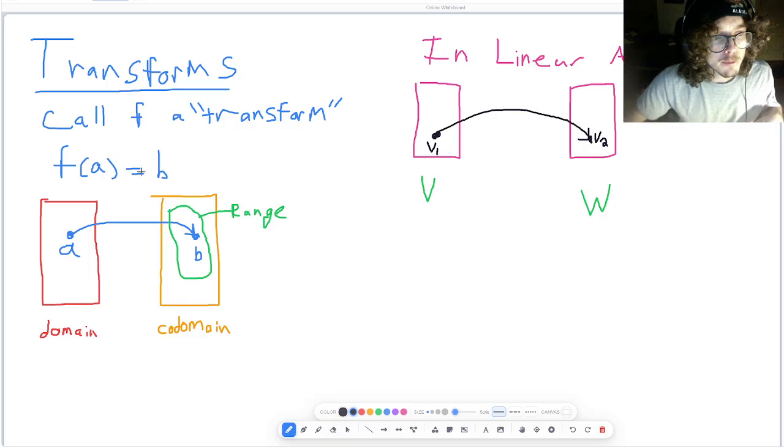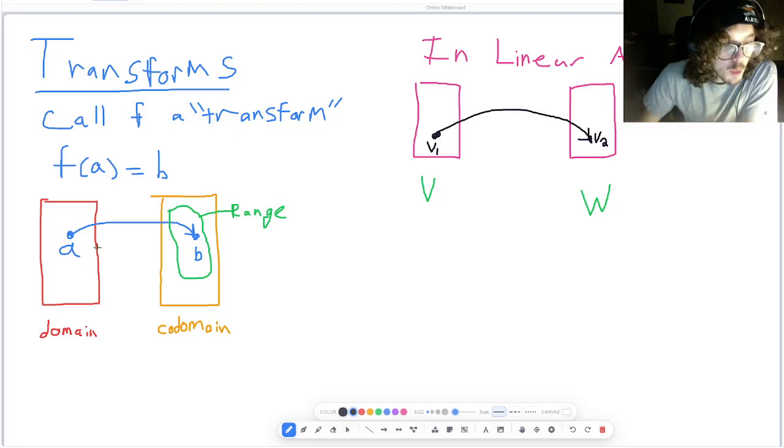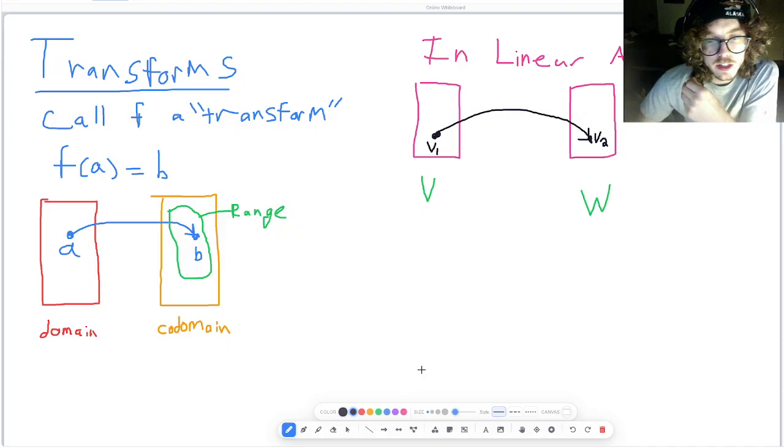We need to get a little more practical with the functions. What we're doing here is mapping a to b from a domain. There's also a space called a codomain, and all the values that the domain can reach is called the range of the function. Hopefully that's pretty easy.